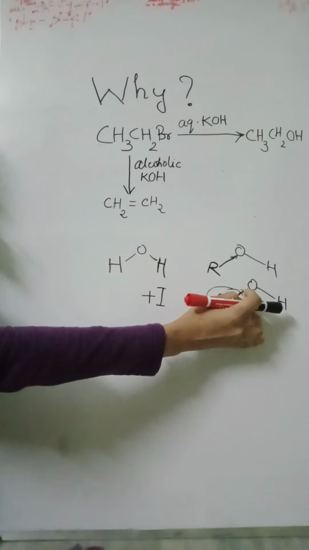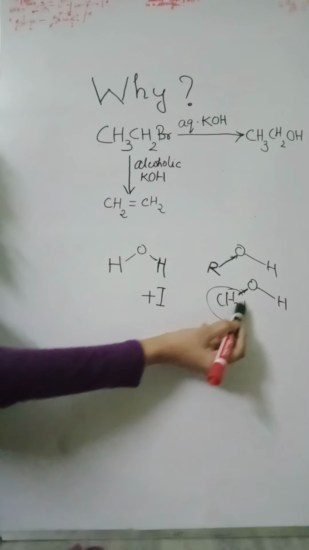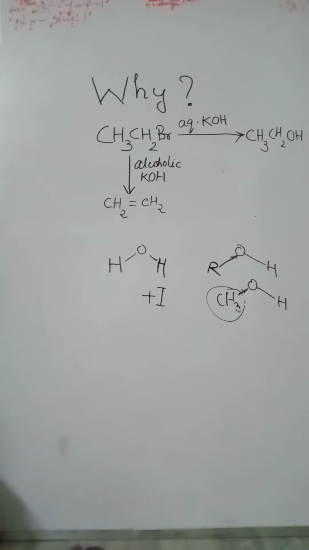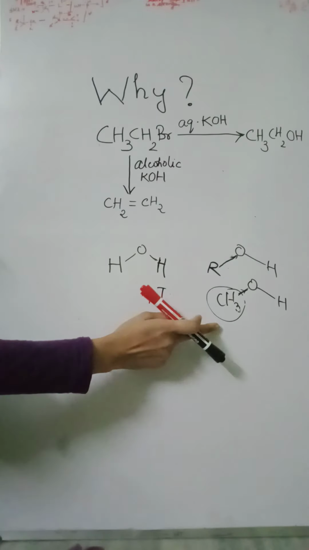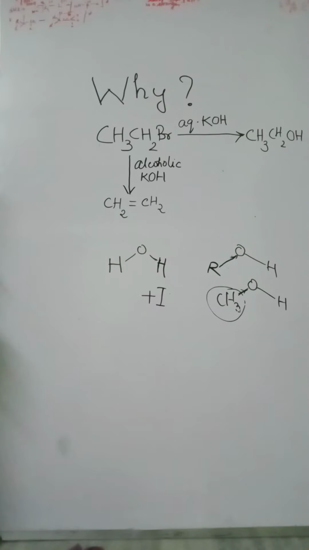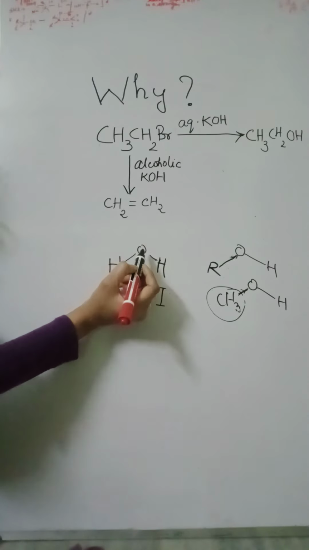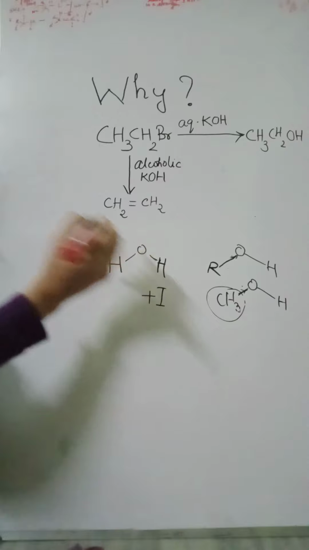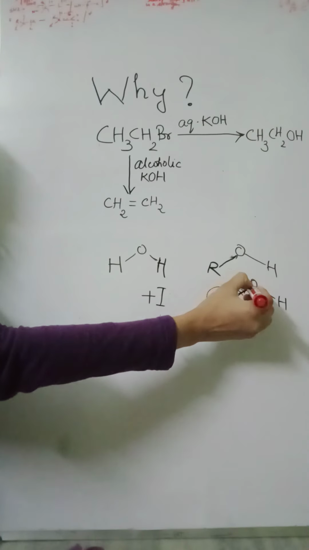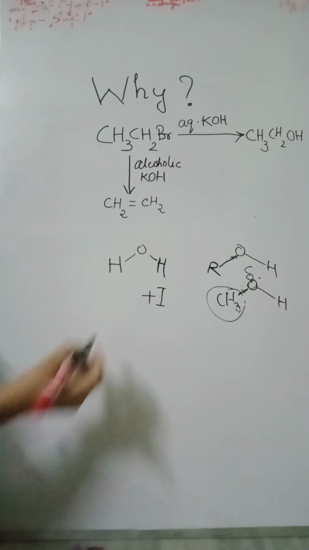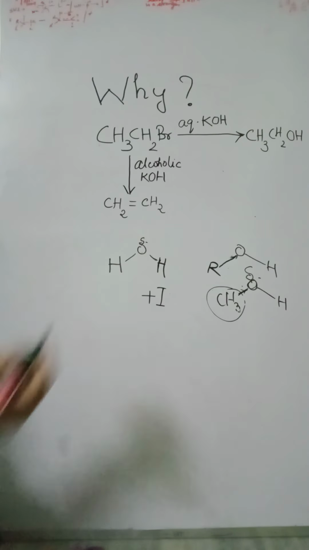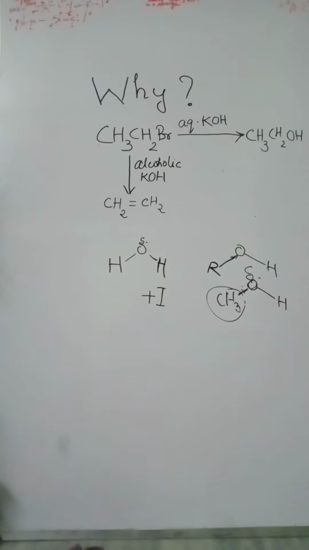These bonded electrons are pushed more towards the oxygen atom. In this case, hydrogen is not showing any plus I effect, but the methyl is showing. What will happen? The amount of delta negative charge on this oxygen atom will be comparatively larger than the amount of delta negative charge lying on the oxygen of the water molecule.